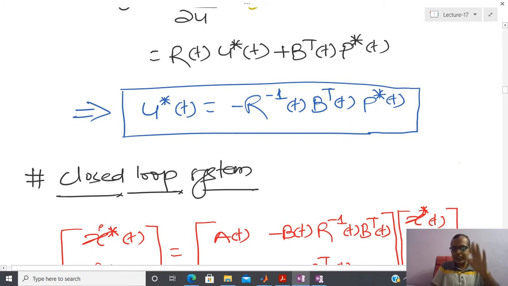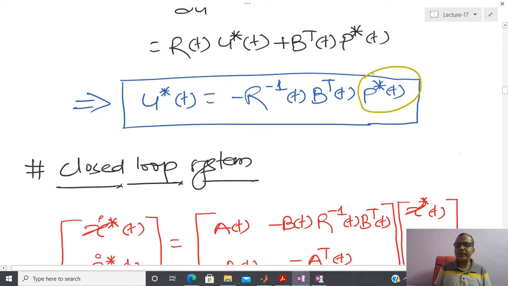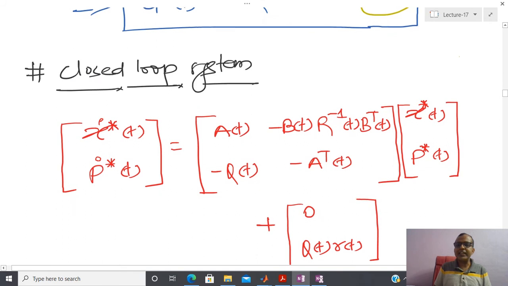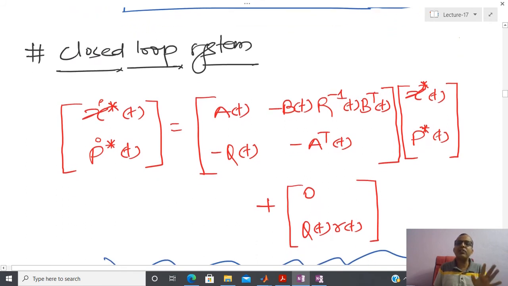I have all the other formulation, I just have to find this variable P star t. If I am able to identify this variable P star t, then I am able to design the optimal control. So let us now focus on how to come up with the explicit equation of P star t.